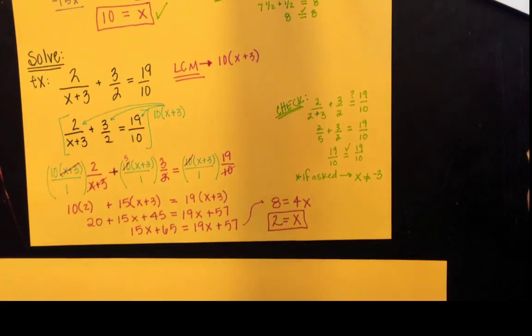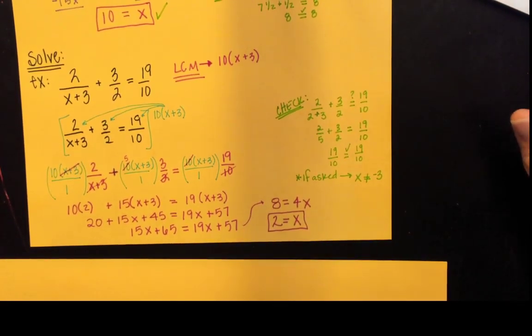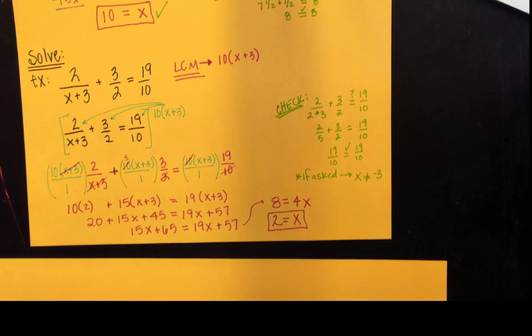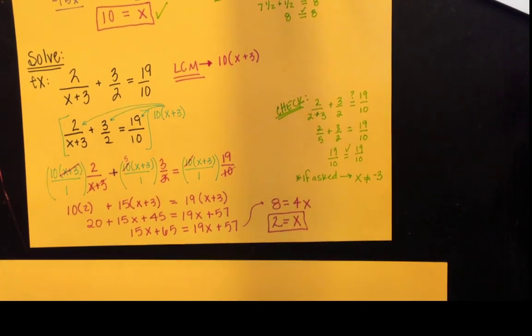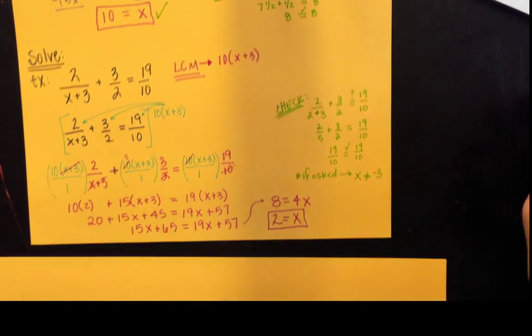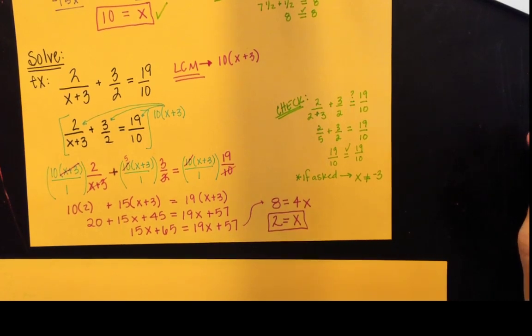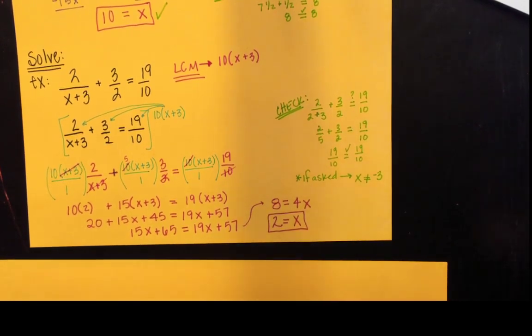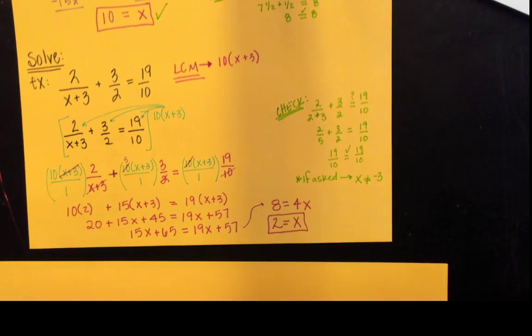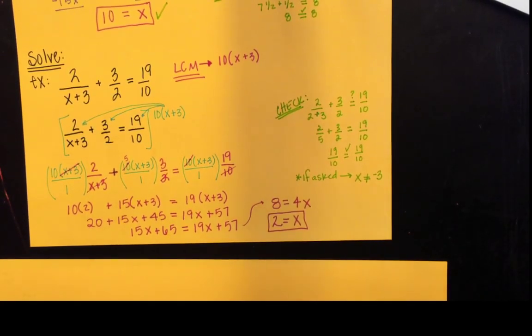So with just the first two problems, the entire idea is find your LCM, distribute through the entire equation to keep it equal, and then solve. Once you solve, check to make sure that you have all your solutions. So I'll give that a second. Anybody have any questions so far?